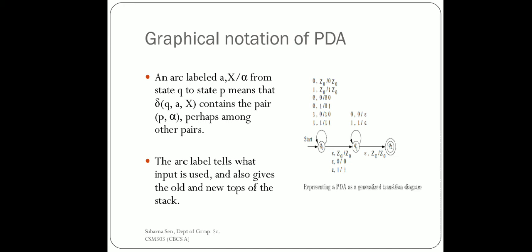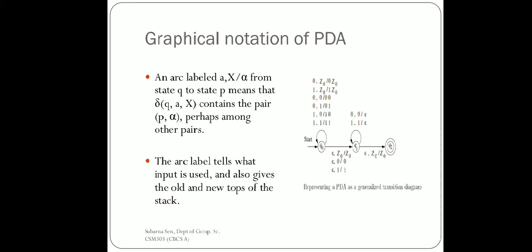What are those? First one is Q, the start state or the previous state or the current state where the machine is now lying, right? A is the input fed into the machine, and X is the content of the stack, right? Means the topmost element of the stack. We are dealing with the topmost element because no other elements are accessible.